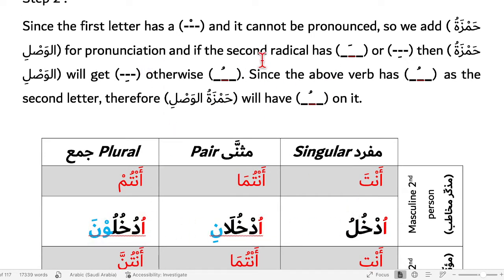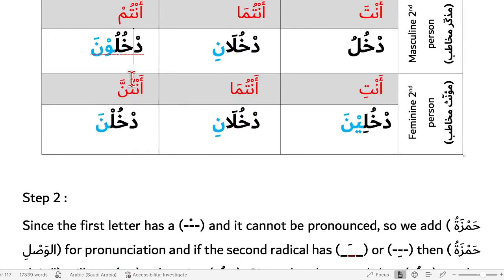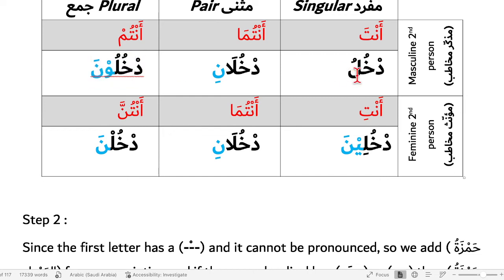So the rule is: we add hamza for pronunciation, and if the second radical has fatha or kasra, then hamzatul wasl will get kasra. So if the second letter has fatha or kasra, the alif will get kasra. But if the second letter has a dhamma, the alif will get dhamma.